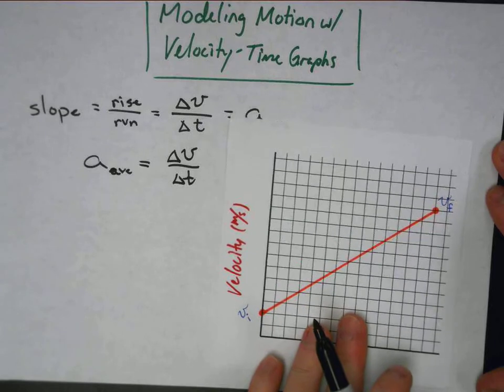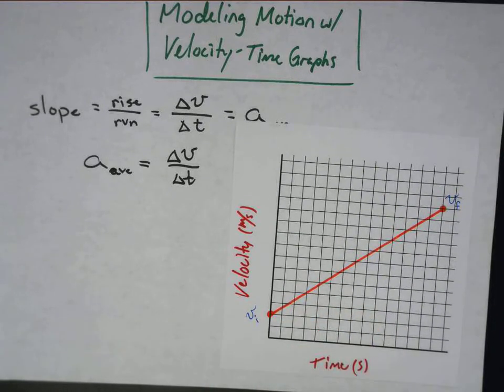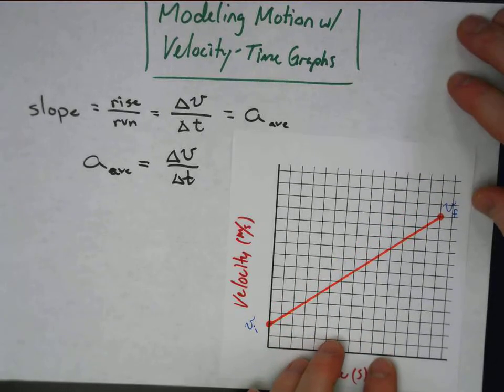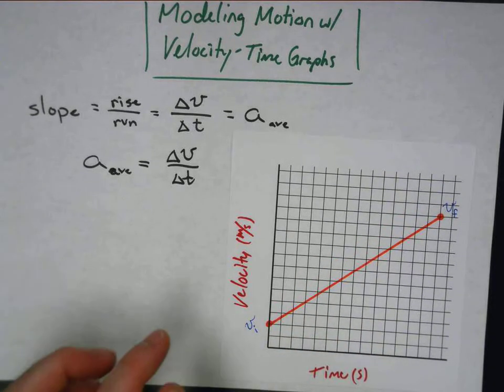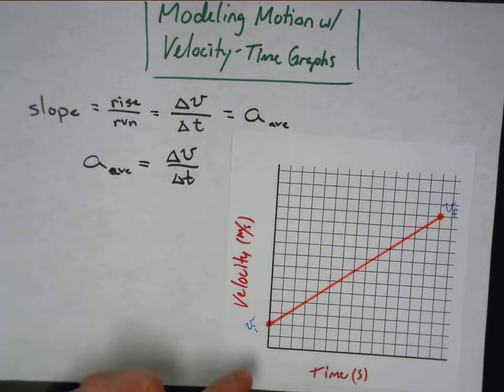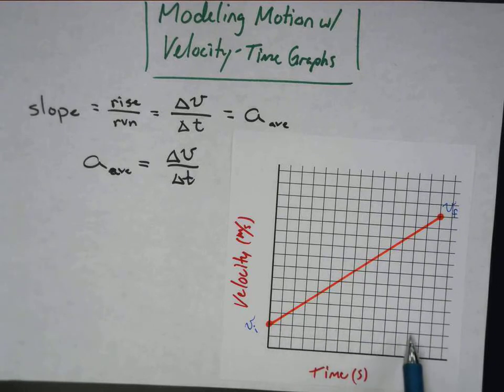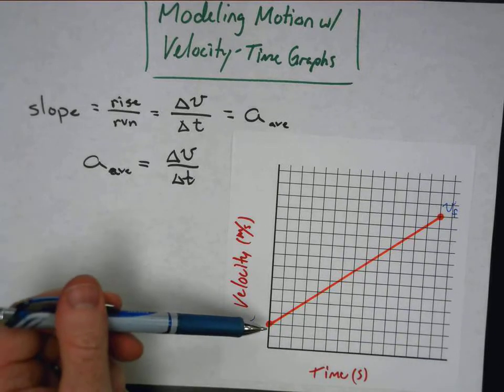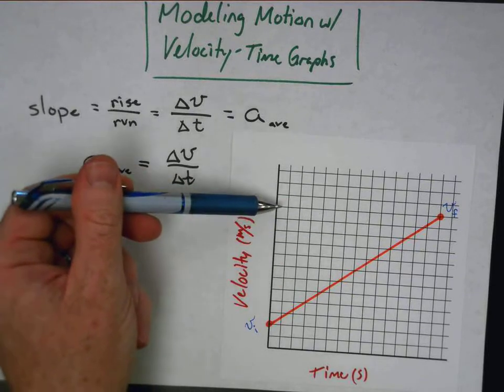So think about this. This is kind of cool, a little bit deep and not obvious at first. Look at this graph and ask yourself, what is changing? Well, time is changing. Time is moving forward. It looks like velocity is changing. We have an initial and a different final velocity.